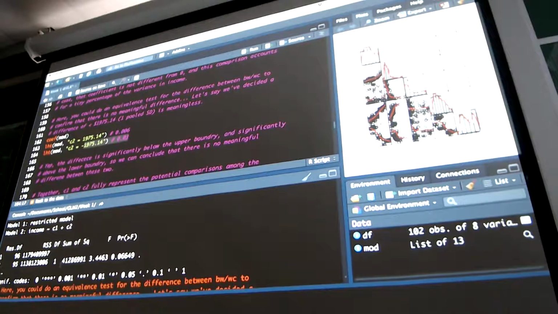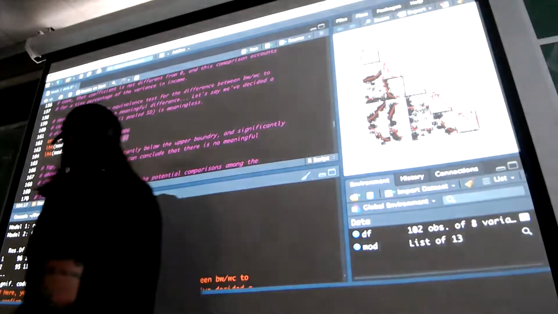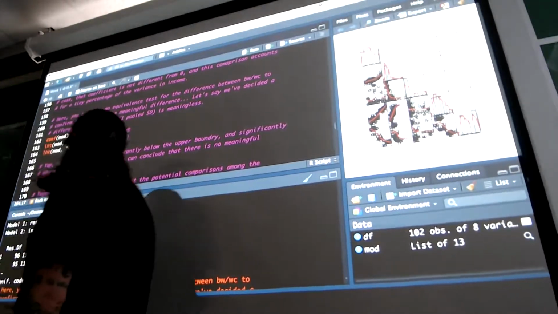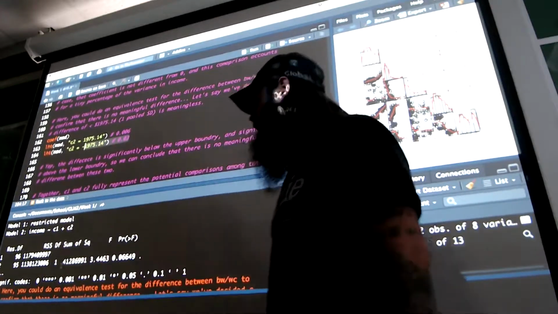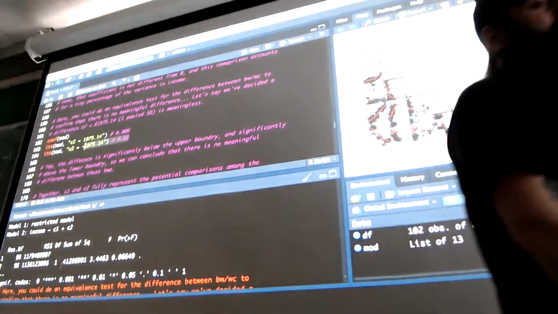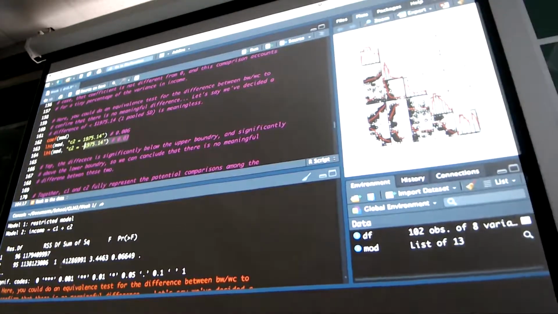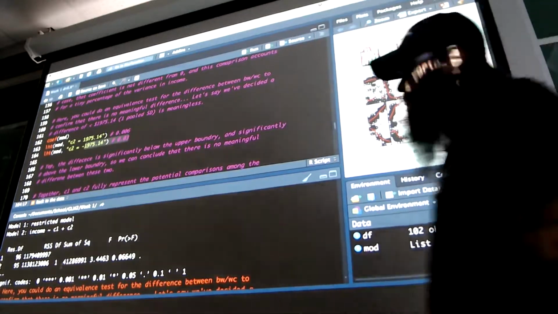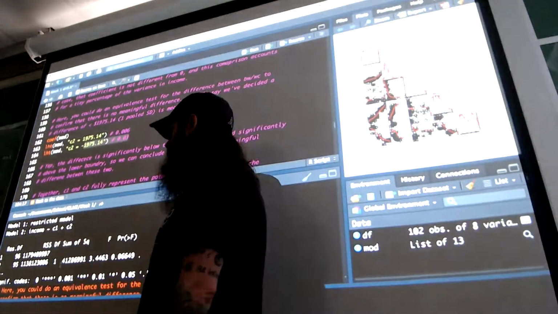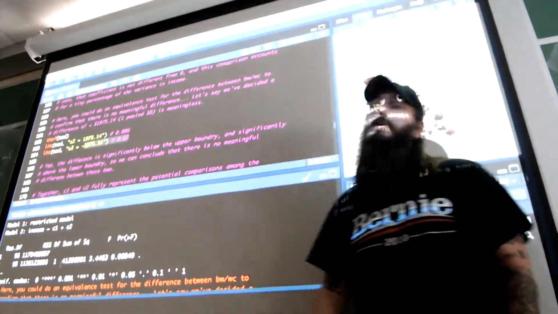It would be F(1, 95) = 3.44, p = 0.03. If you don't want to report it as an F, F is just t squared, so take the square root and you can report it as t(95) equals whatever, p = 0.03.